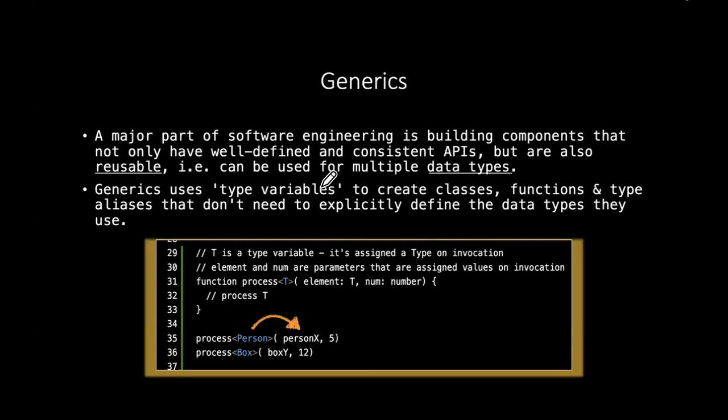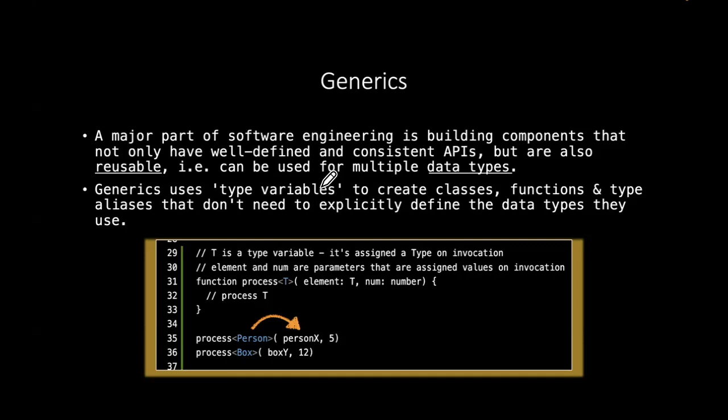Generics. Something we love in software engineering is reusability. We love writing code that we can reuse. That's what classes do. That's what functions do. But what generics allows us to do is define components, and a component here could be a class, a function, or a data structure, where the data types used in the component are variable.